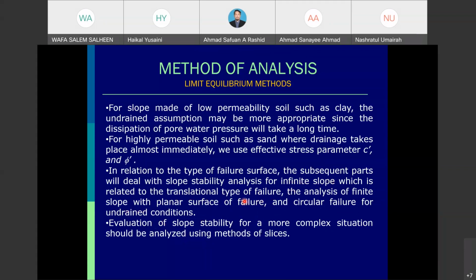However, normally when we carry out the analysis of the slope, the common method for the finite slope is the method of slices. You may learn later on about the method of slices, where we may use Bishop's approach and also the Fellenius approach.